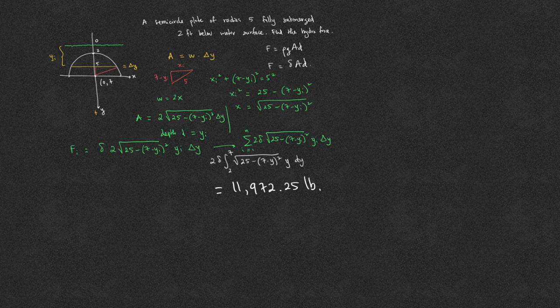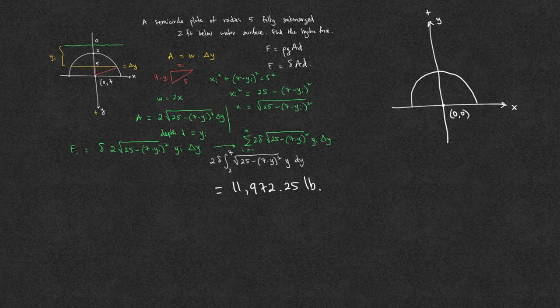It doesn't matter how we position the coordinate system. Let's set it up a different way to see if we get the same answer. Suppose this time we put the origin at the center of the circle with the x and y axes as usual, the positive y pointing up.